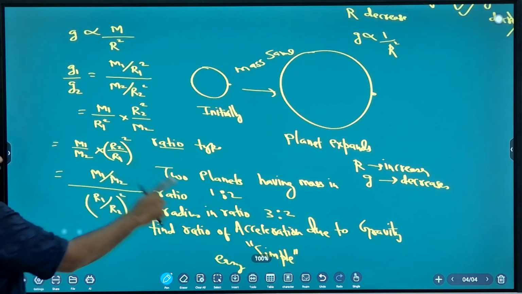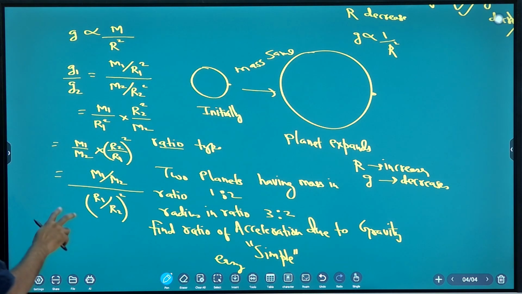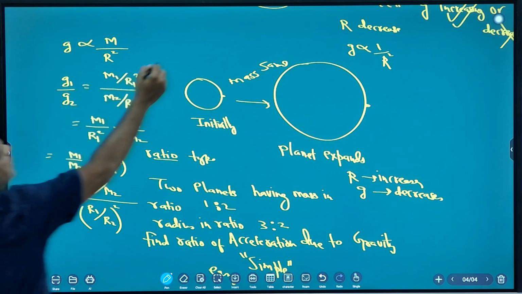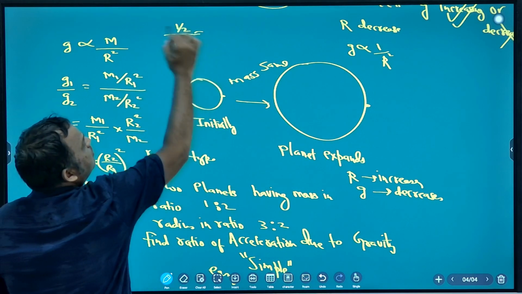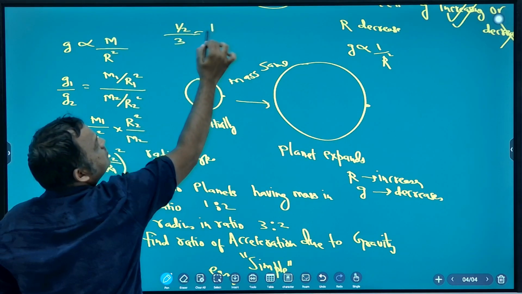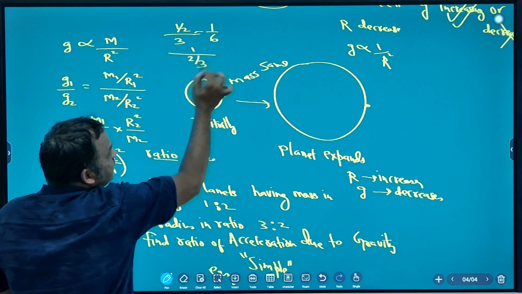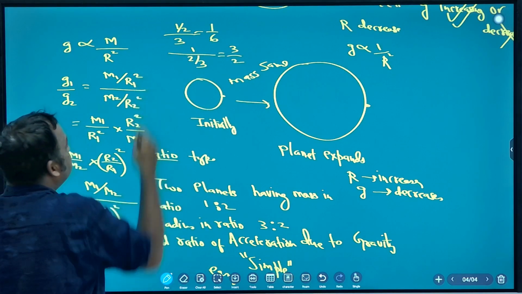So this is an easy question, but still you get negative marks. Why? You have to be careful when you deal with ratios. Like this, 1 by 2 by 3, what is this? Tell me. 1 by 2 whole divided by 3 is 1 by 6, and 1 by 2 by 3 is 3 by 2. So be careful when you solve this.